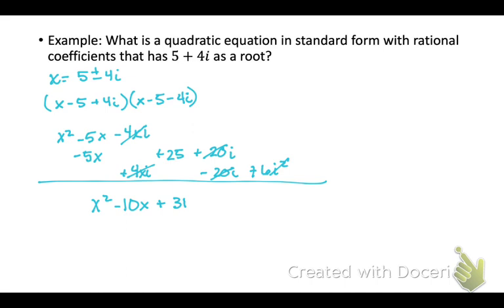Would it be 16i squared? Oh, yeah, I forgot my 1. I just wrote the 6. So that would be 41, right? I don't even know why I would forget my 1 on my 16.